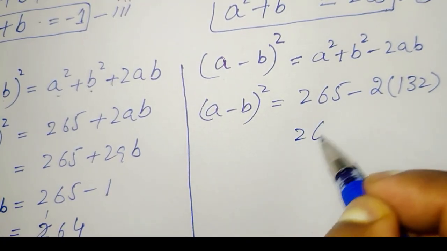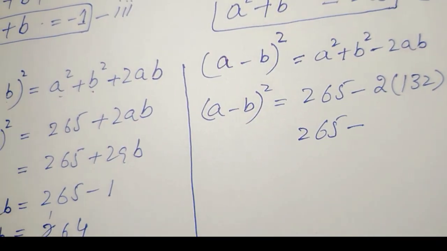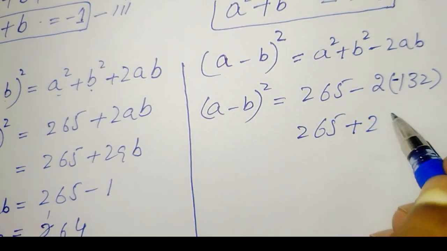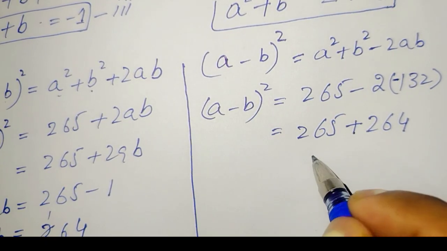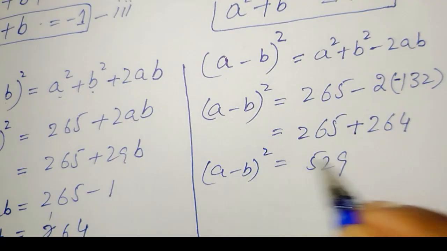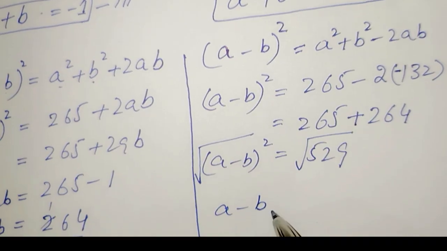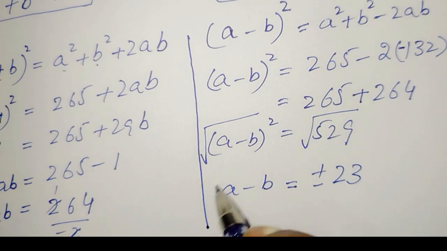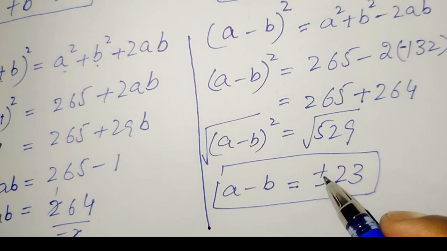So 265 minus, the value becomes negative, negative into negative remains positive, that becomes 264. So 265 plus 264 appears to be 529. So a minus b whole square appears to be 529. If we take the square root on both sides of the equation, then a minus b appears to be positive and negative 23. So we got another equation, that is a minus b equals plus or minus 23.